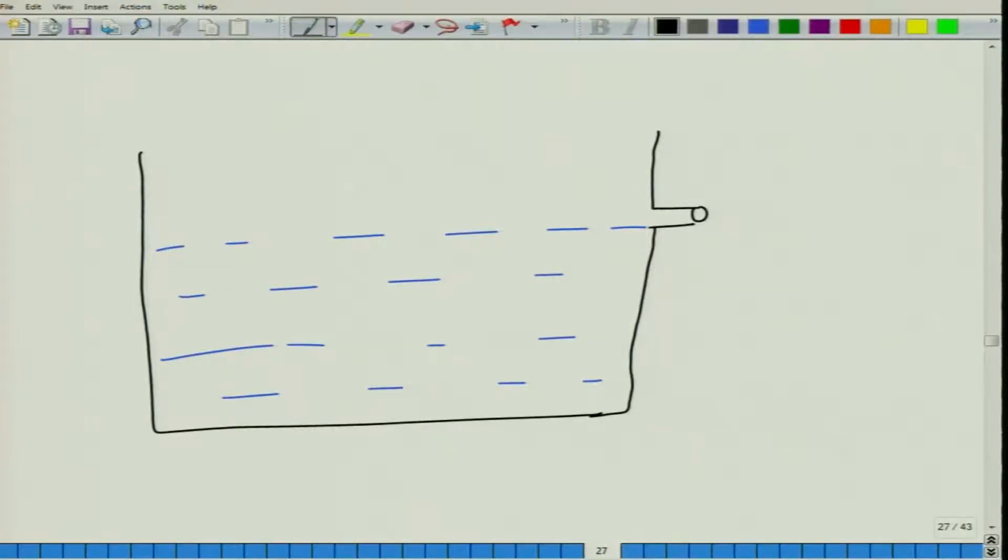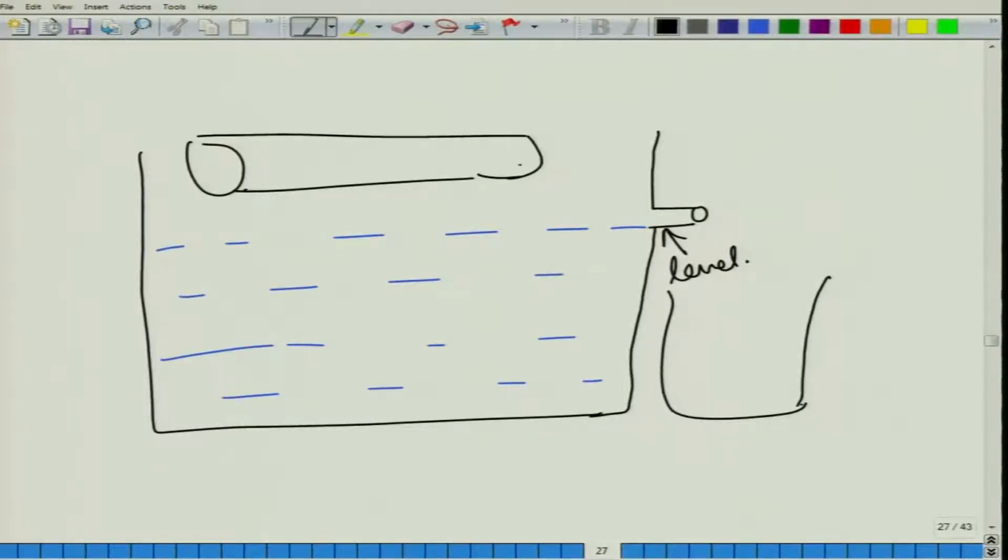Now you have put so much water that it has reached this level. Next, you put a bucket here, and then you take a large piece of wood and put it inside.